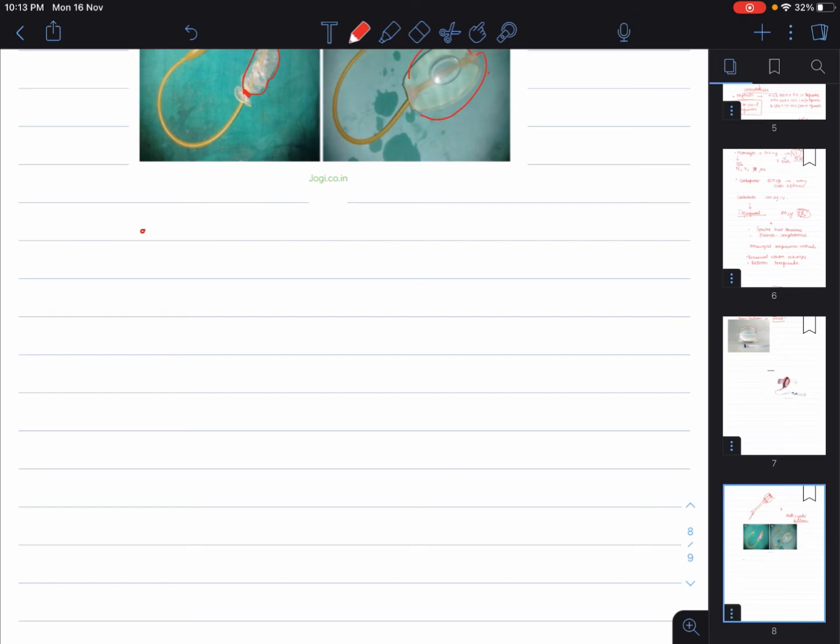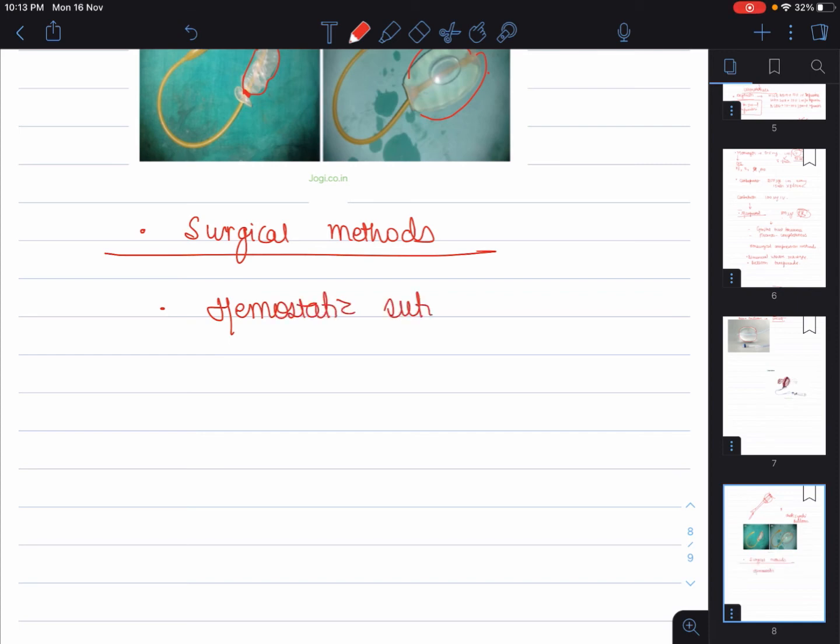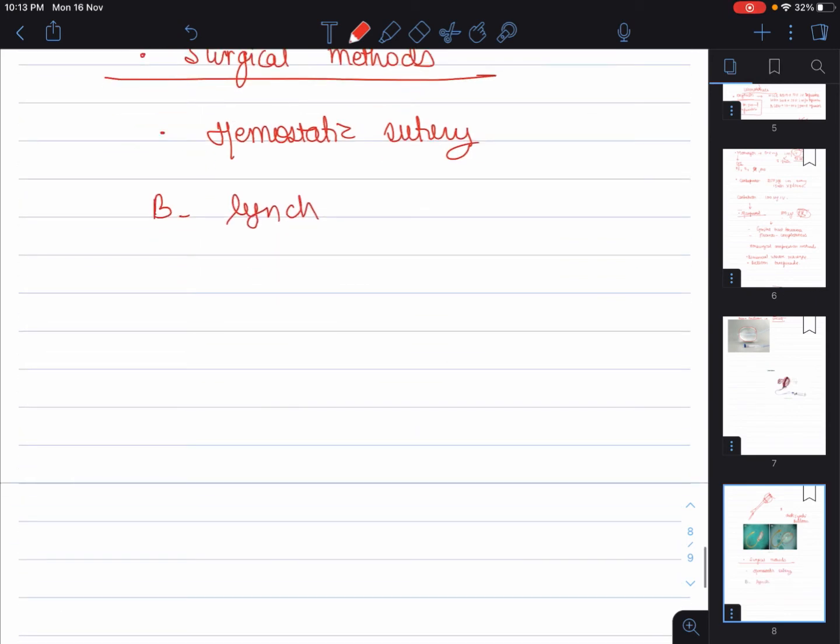So coming to the surgical methods. One is hemostatic suturing. That is B-Lynch. So how do we do B-Lynch? Basically, supposing this is your uterus, you do a hysterotomy over here. So you make an opening, right?